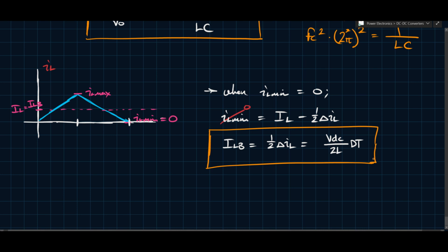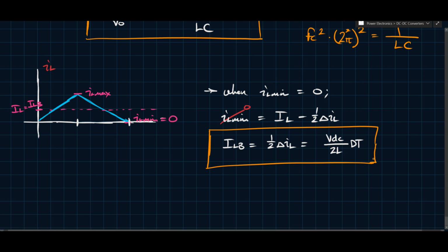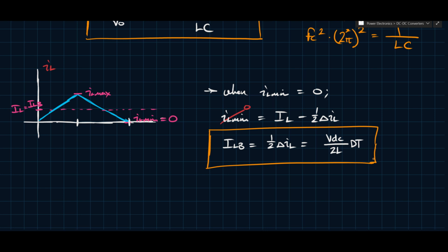But the problem is the average inductor current is not the current at the output. The average diode current is what goes to the output. So we have a bit of a problem here, because we want to compare the corresponding currents. You can't compare the output current to the inductor current and then conclude that it's continuous or discontinuous.